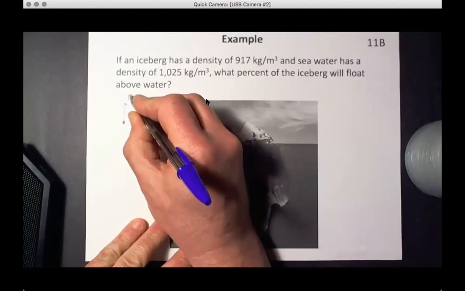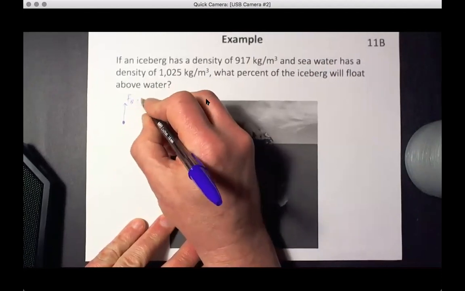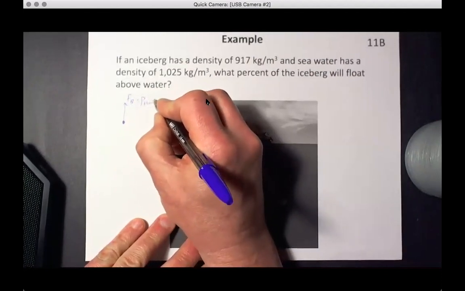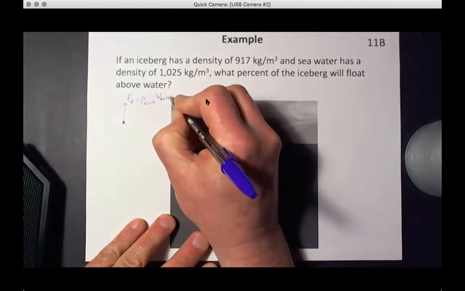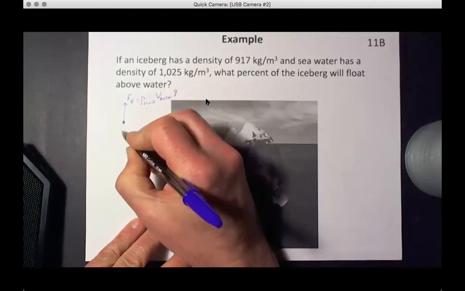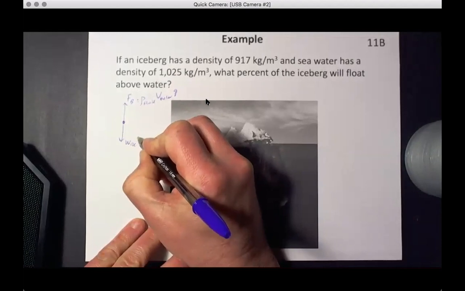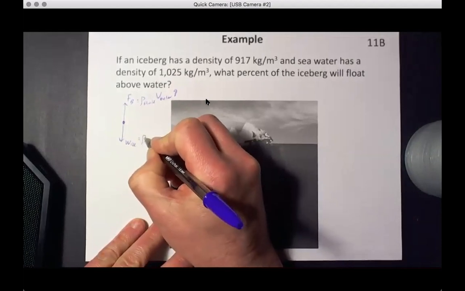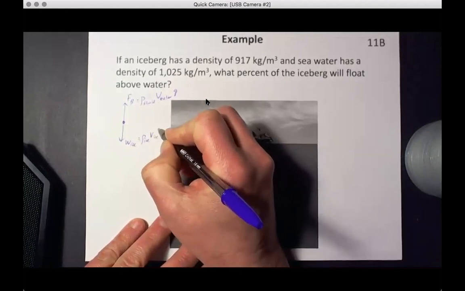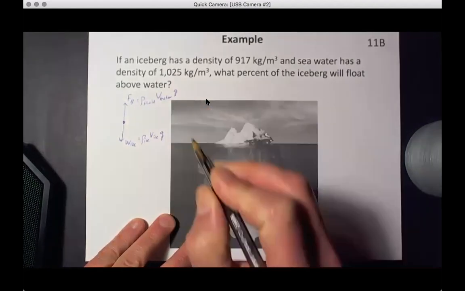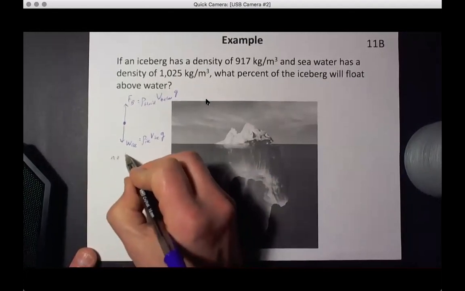Force of buoyancy is up, and that's equal to rho fluid times V below times g, and then downwards is the weight of the ice, equal to rho of ice times V of the whole ice times g, and no bounce.